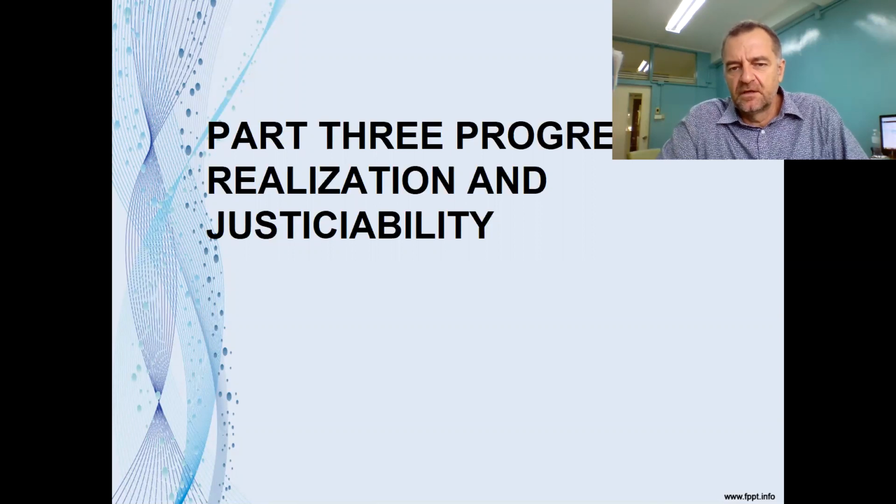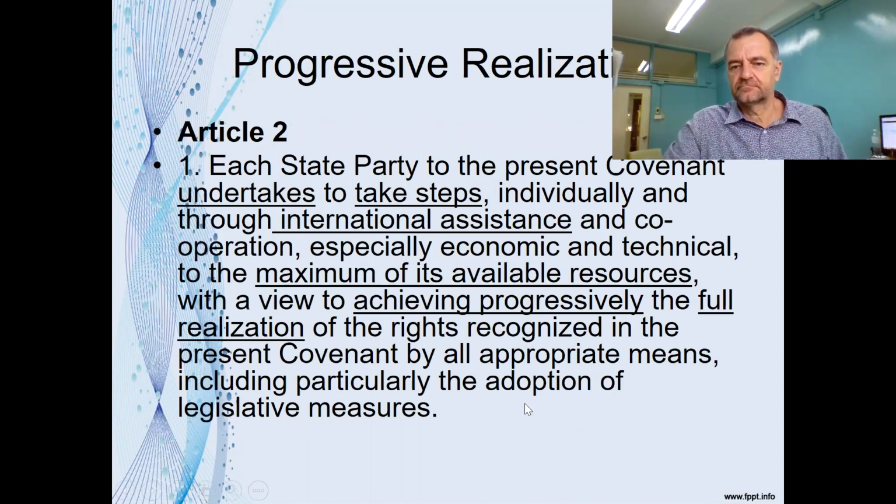Now we can see that when we look at the article itself, let's just make sure you can read that. So Article 2 of the ICESCR says each state party to the present covenant undertakes to take steps individually and through international assistance and so on and so on.